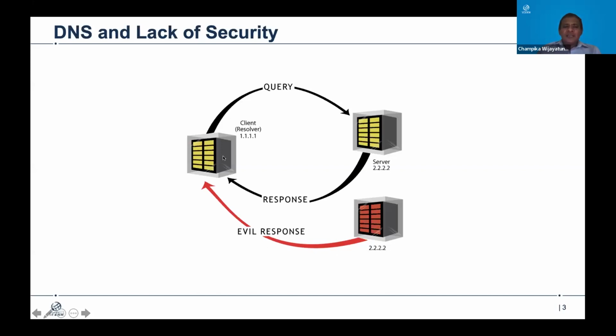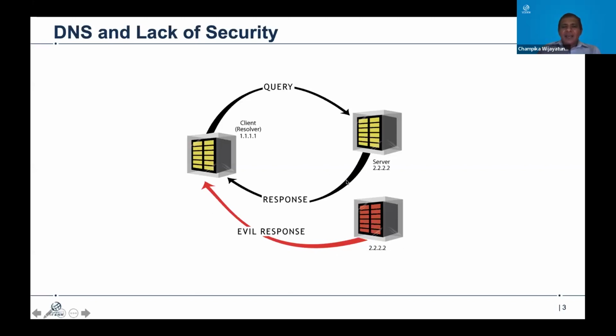So if you want to visit your bank website as a client, the query goes to a recursive resolver, just like what we explained before, and then goes through the root, the TLDs, and so on.